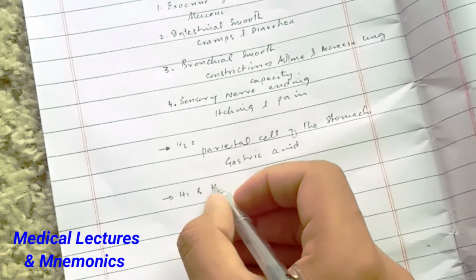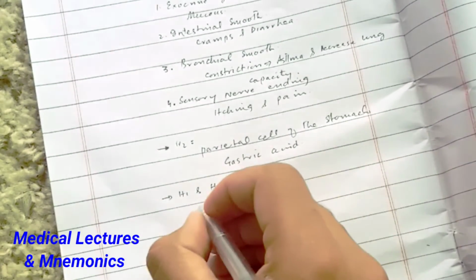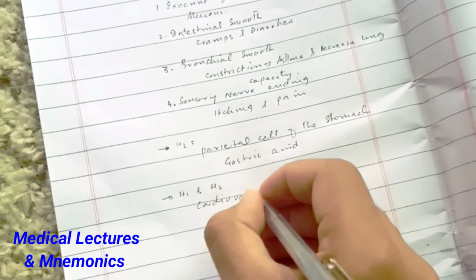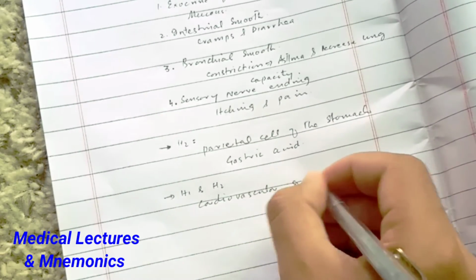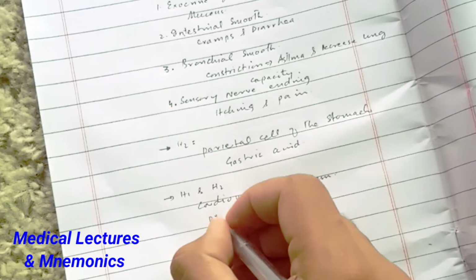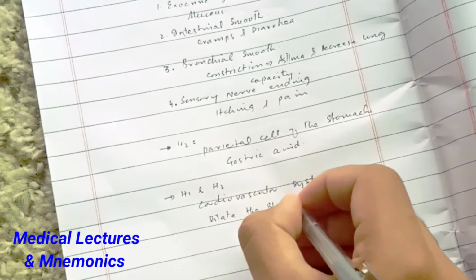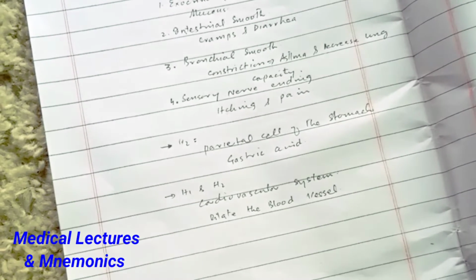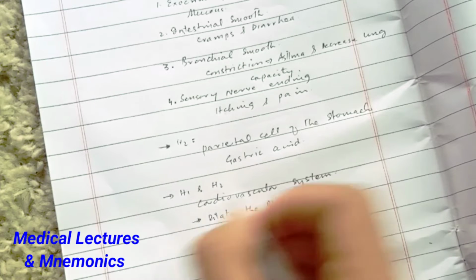So histamine will also produce action in these organs, like the cardiovascular system. Histamine will cause the blood vessels to dilate and decrease the peripheral resistance, which can cause hypotension.